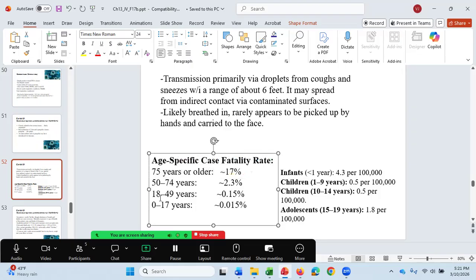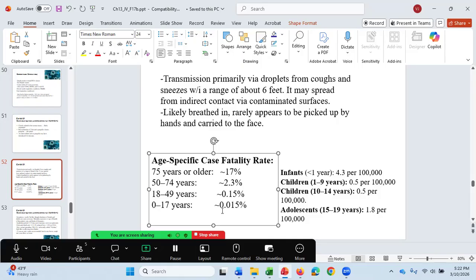And the mortality rate of age 18 to 49 is 0.15%. Did I say that right? 0.15%. And then children, it's even lower, about 10 times lower. And that should really probably be age 1 to 17.